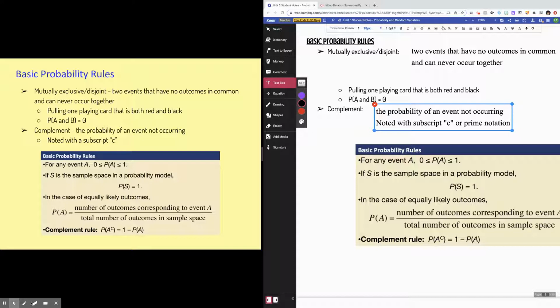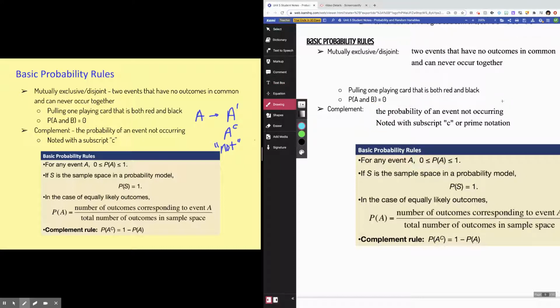So if I have an event A, the complement would be A prime, or it's written like this, A with a subscript C. Each of these notations literally translates to the word not. The key phrase that you want to think about when you're thinking about complements is the word not.